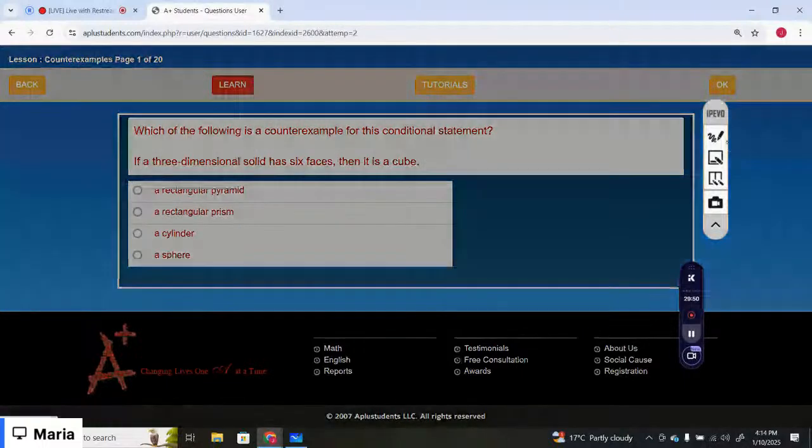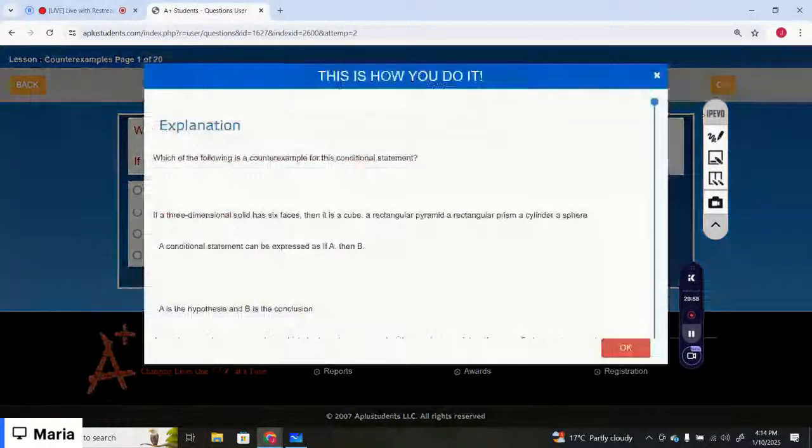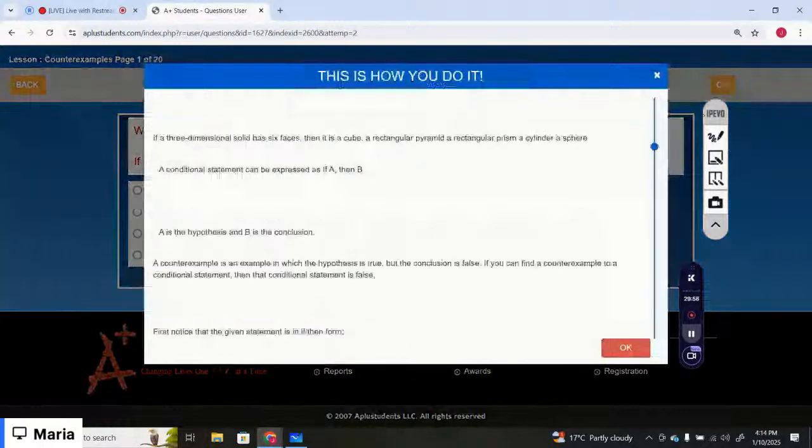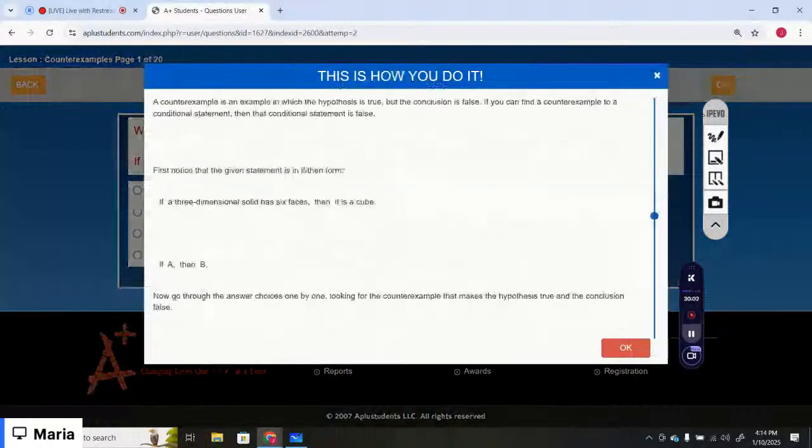I think that is a rectangular prism. If a three-dimensional solid has six faces, then it is a cube.